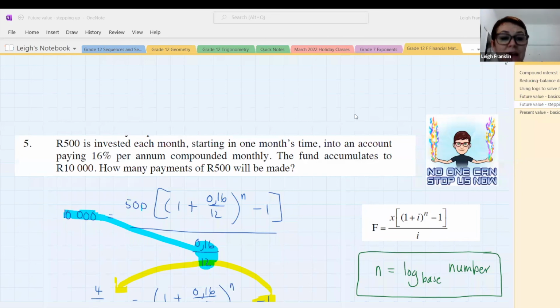So if they say to you, for how long are these payments going to be made, then I quite agree with your teacher. You can do that and get your answer in years and months. But here the question was, how many payments of 500 Rand are going to be made? So it wouldn't be appropriate for us to do that in this case. Okay, thank you, Inam.